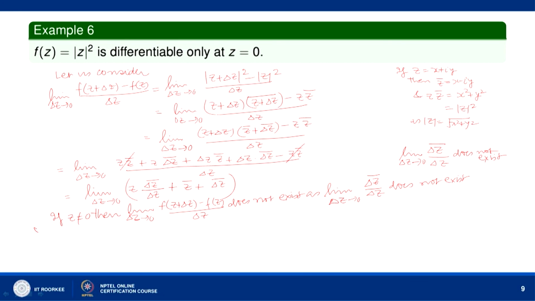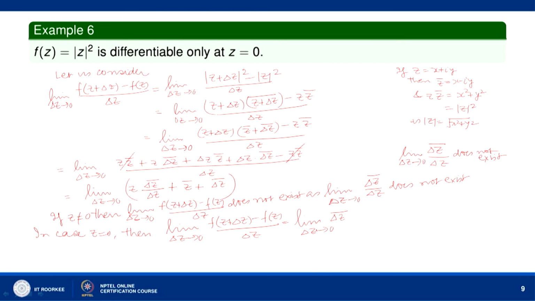So, in case z equal to 0, then we have limit delta z goes to 0, f(z plus delta z) minus f(z) over delta z equal to limit delta z goes to 0, this term becomes 0, we have z equal to 0, so z conjugate is also 0, so we have simply delta z conjugate.